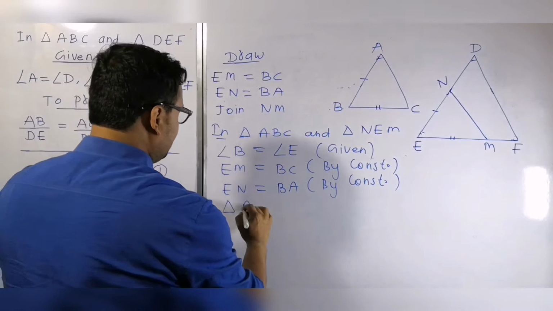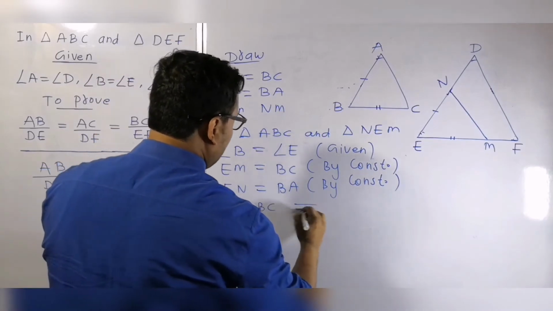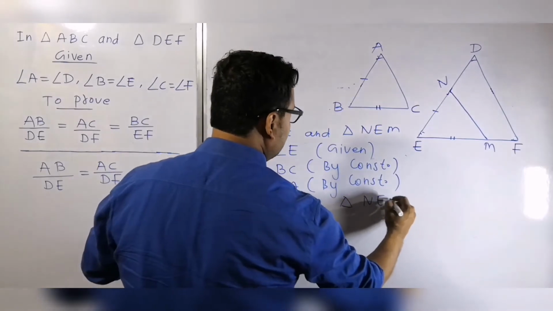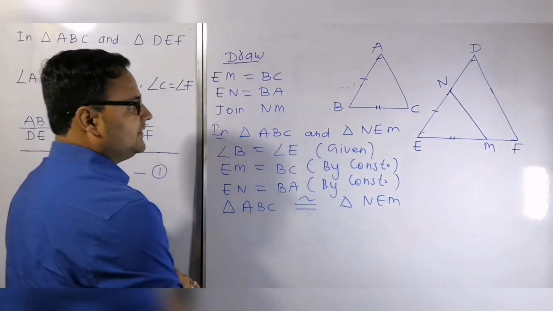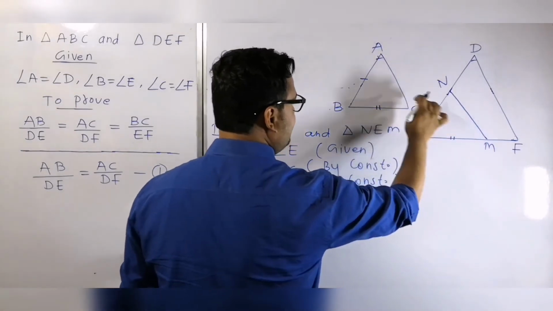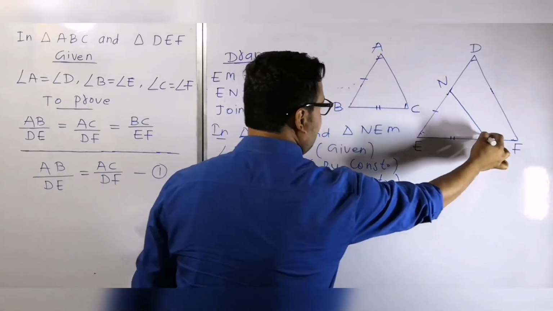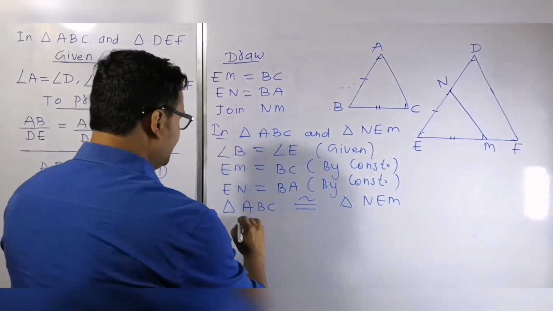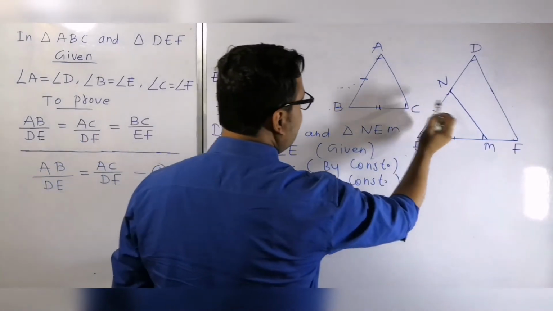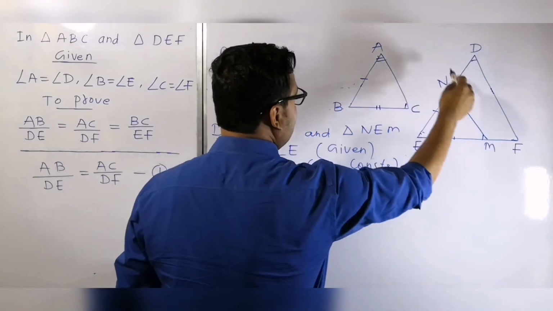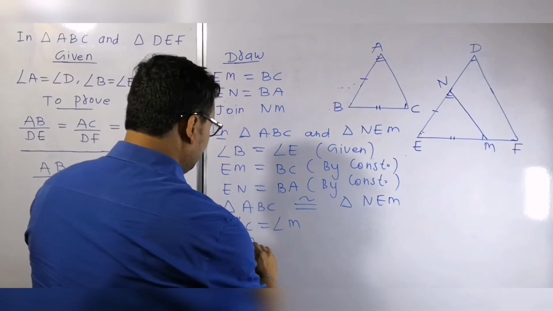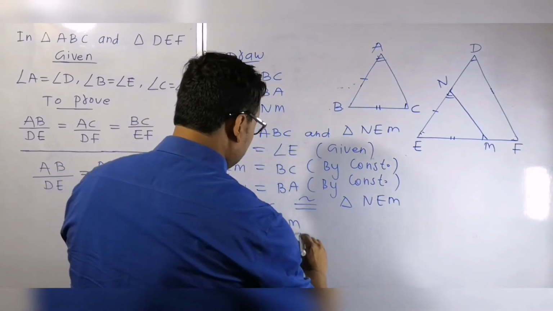Now what can we say? We can say triangle ABC is congruent to triangle NEM. So when they are congruent, angle C and angle M are going to be equal, and angle A equal angle N. How?